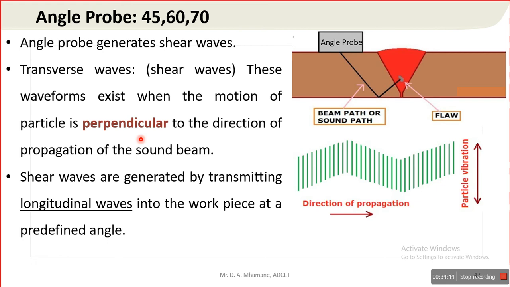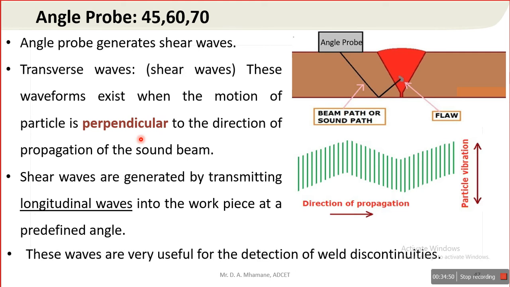When longitudinal wave is transmitted at a predefined angle, it gives us shear wave. These waves are useful for the detection of weld discontinuities. Here this is the discontinuity present inside the weld, and it is to be inspected with the help of the angle probe.